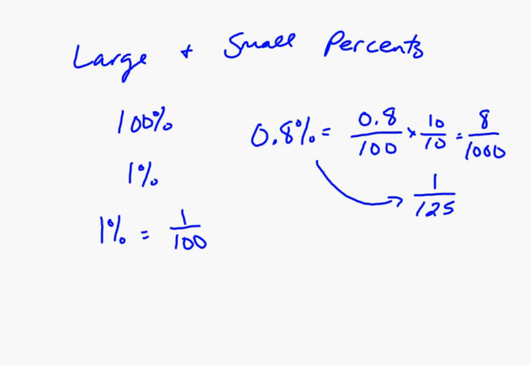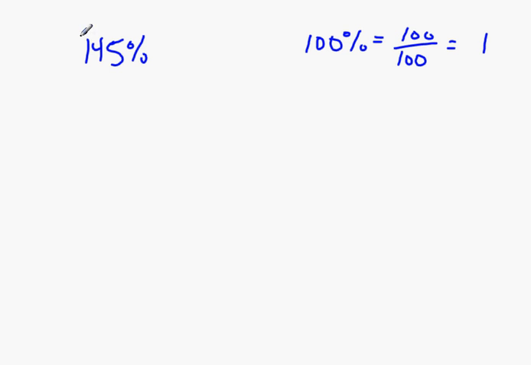Now let's look at a large percent. 145%. Now if we had 100%, that would be nothing more than 100 over 100. Again, percent being per 100, which would equal 1.